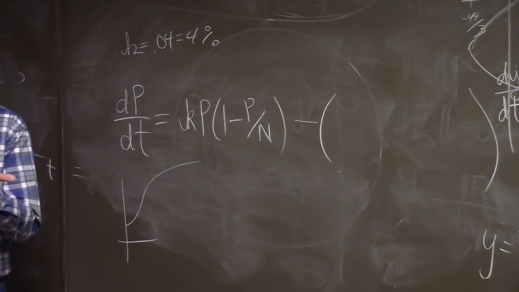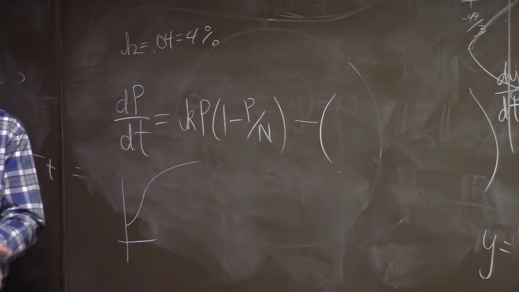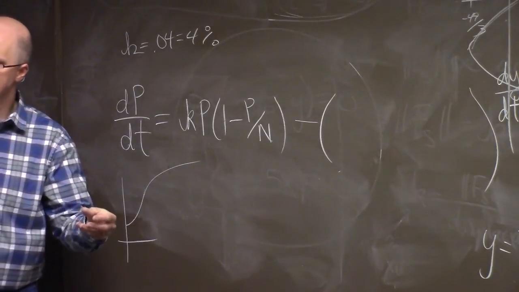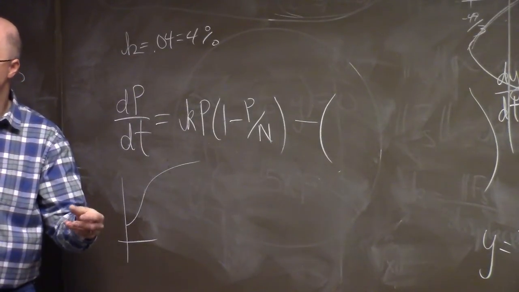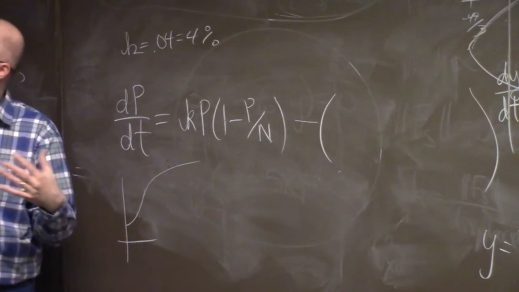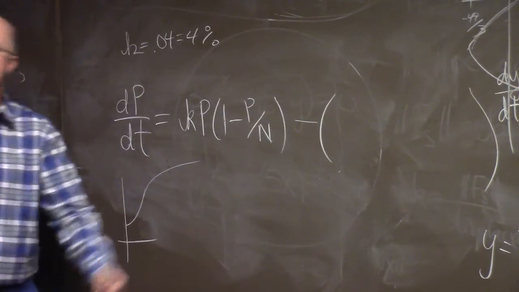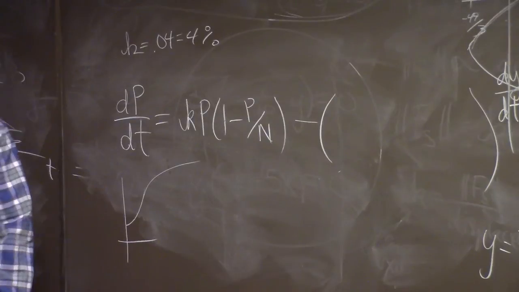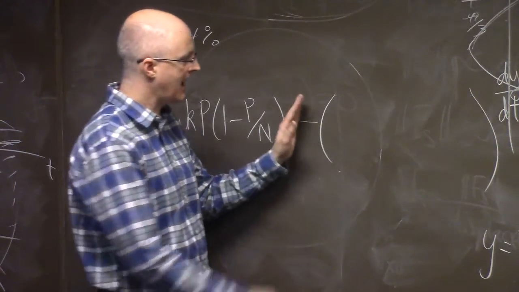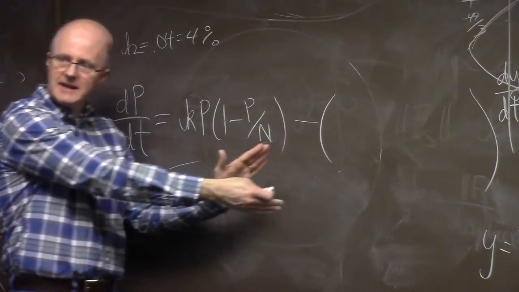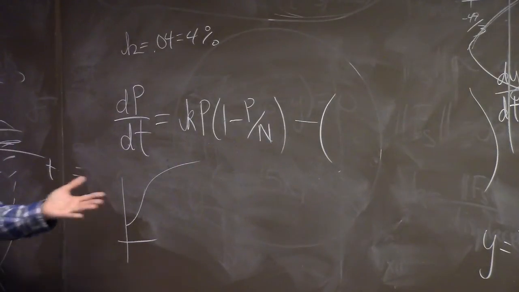You wouldn't want the harvesting to be negative, so you'd want the subtractor to be always a positive quantity. You can't harvest negative. I guess you could harvest negative by just putting fish in the lake, but we're not thinking about that. So for us, the harvesting is always positive, what's in the parentheses, and then we're subtracting it because we are harvesting. We're taking the fish out.